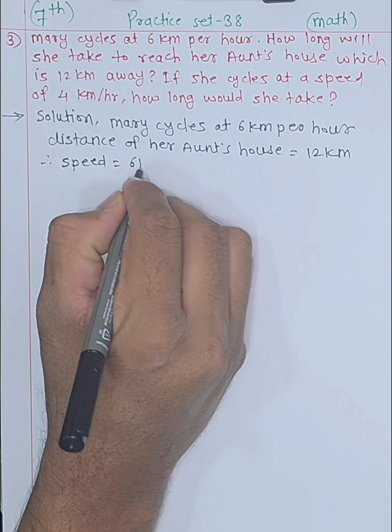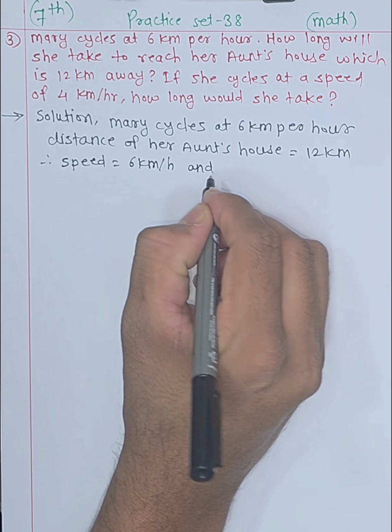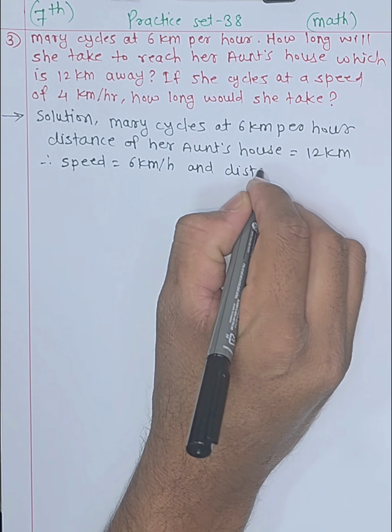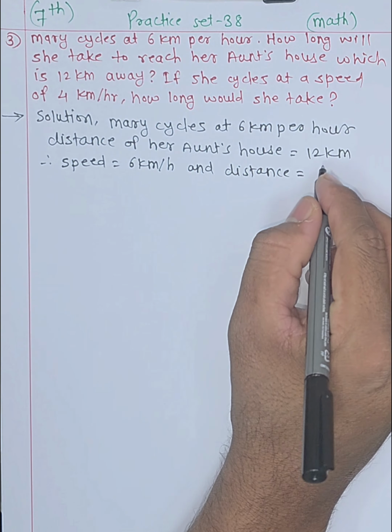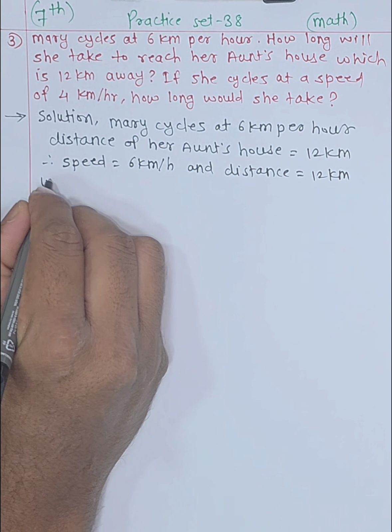Therefore, speed is equal to 6 km per hour and distance is equal to 12 km.